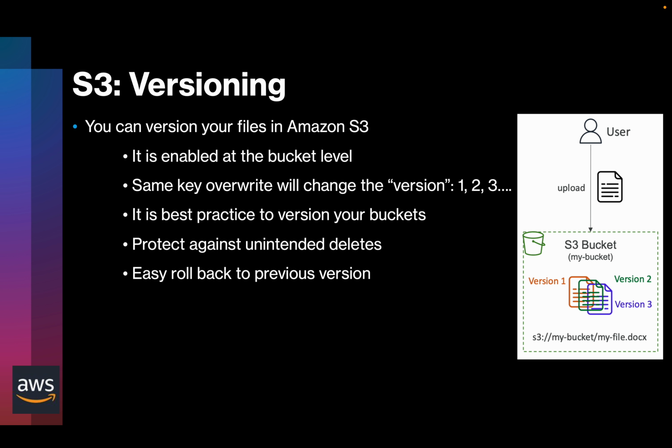If I make changes in the file, it will be stored as version 2. And if I change the file again, it will be stored as version 3. So it keeps versions, and if we want to time travel back to version 1, we can retrieve the version 1 file. That's the benefit of Amazon S3.